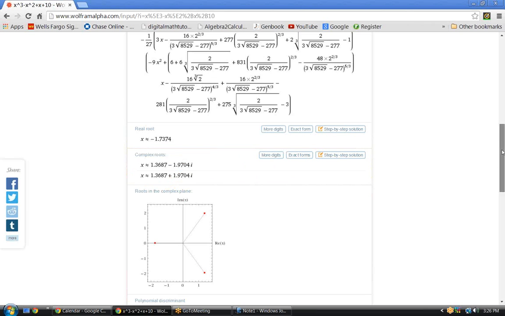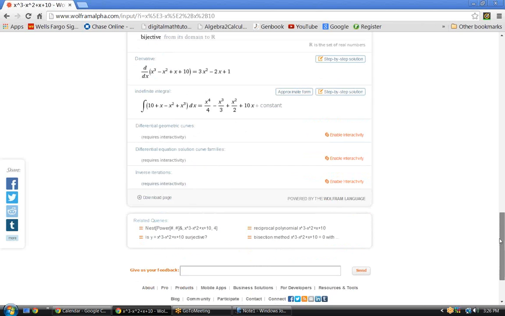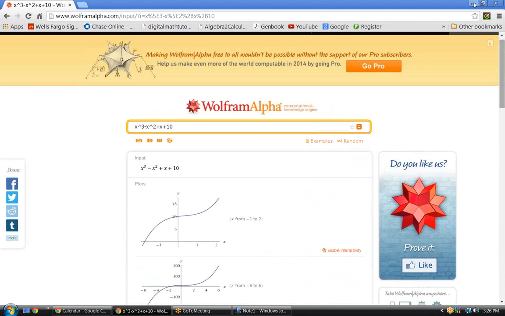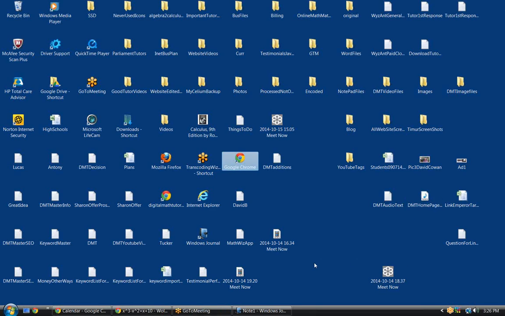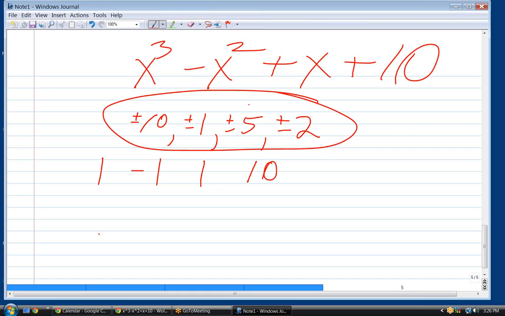You've probably discovered by now that all imaginary solutions come in pairs. So if you have an imaginary solution to something, you must have the conjugate also. So this didn't have a rational solution, so none of these are going to work.